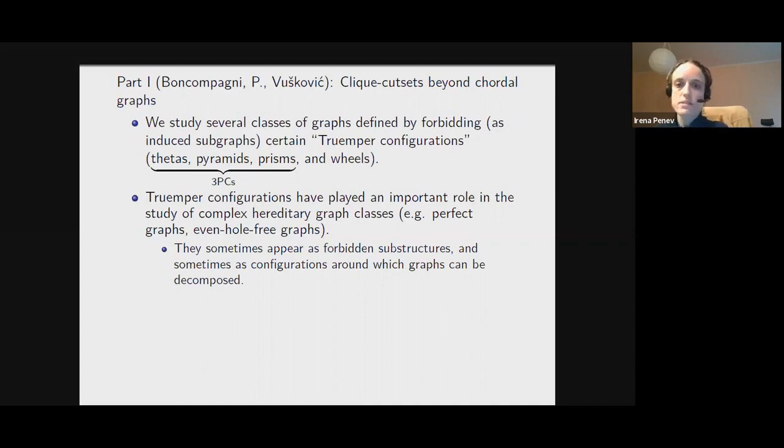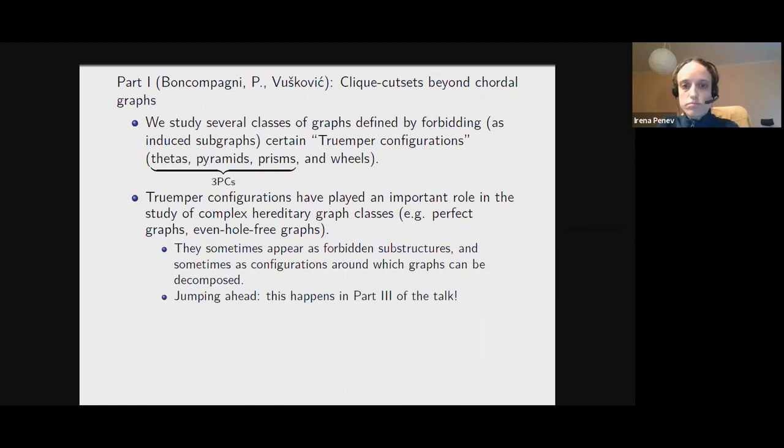But other times they can appear as induced substructures, and then you can use them to decompose your graphs, in order to prove decomposition theorems. And what are decomposition theorems? That's just some sort of theorem that tells you how you can break up a graph in your class into smaller pieces in some sort of convenient way. And you'll see examples of this in just a second.